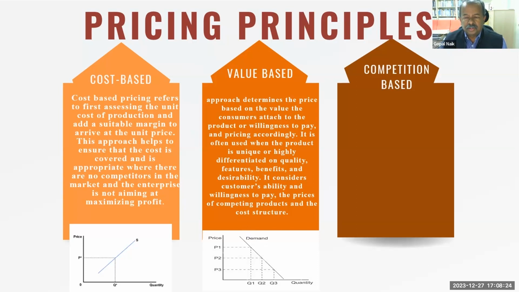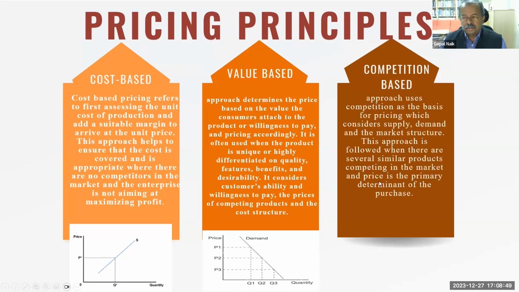Sometimes you can see the same product in 2 different versions, regular and premium and so on. And their cost differences may not be very much, but you see the price differences could be considerable. So, of course, this is not very useful for us in the cost-based approach, but we need to understand what the demand is.